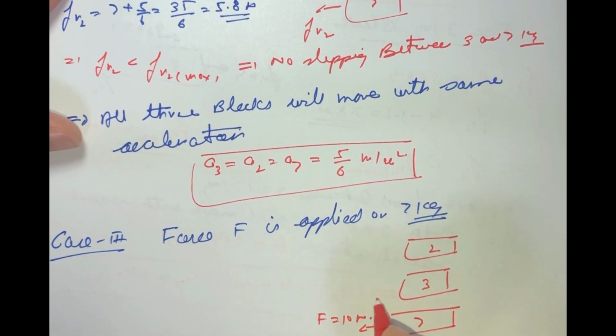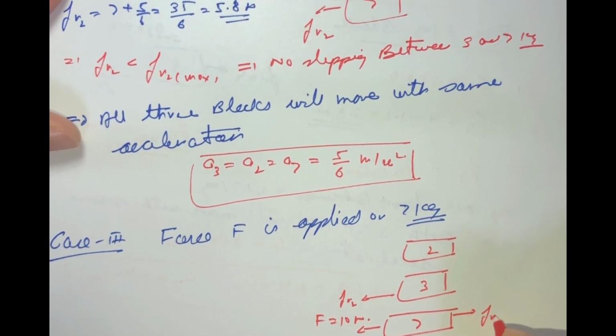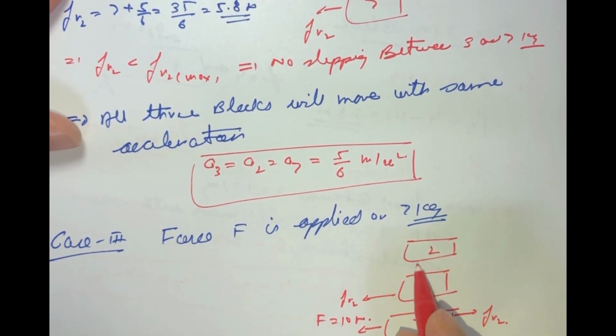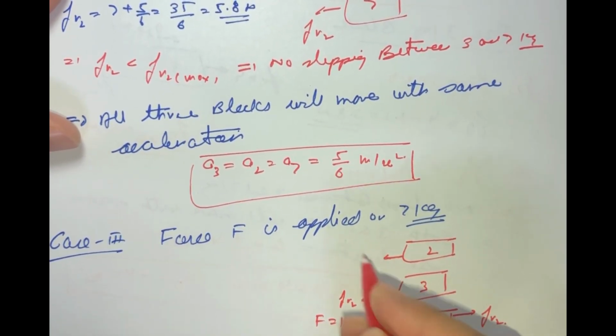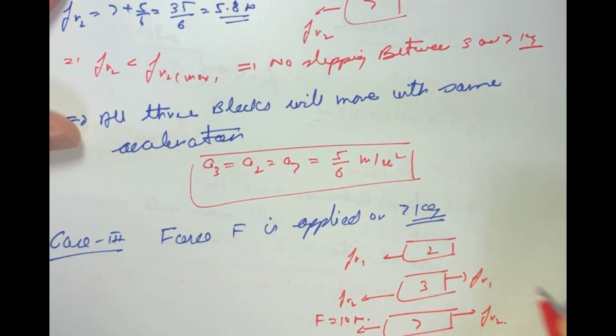So it will try to make sure that 3 follows 7 with Fr2, and an equal and opposite Fr2 will be acting here. Similarly, 3 will try to move with Fr1, and an equal and opposite Fr1 will be acting here.